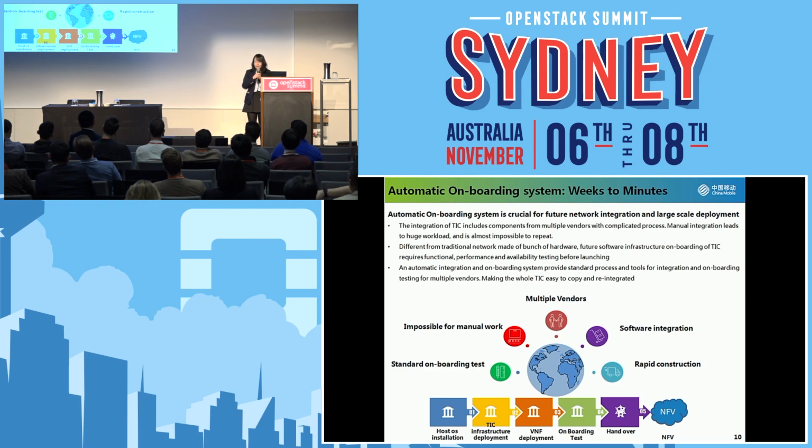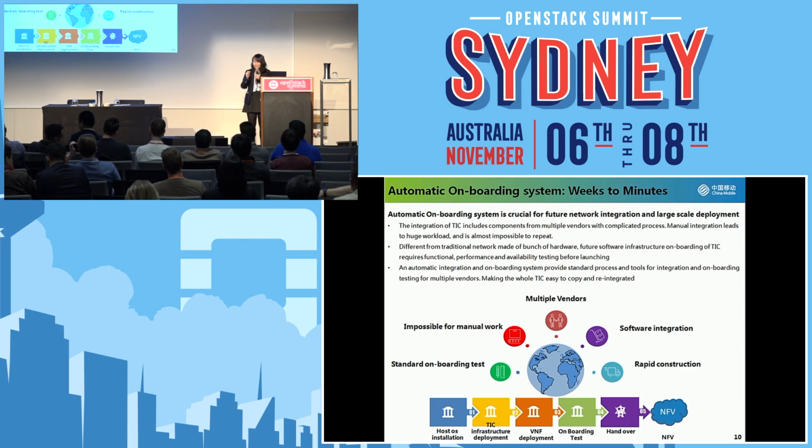So here comes what we call the automatic onboarding system. What we actually target is we hope to provide this system to the operators and maintainers in each province. We have more than 30 provinces. There are a lot of operators and maintainers here. They know little about NFV and SDN.